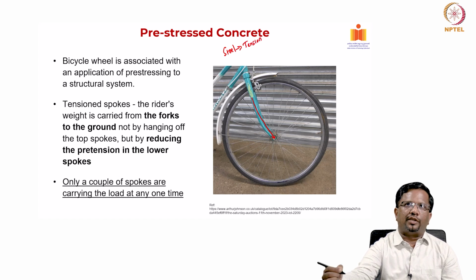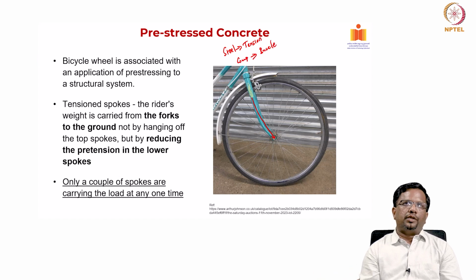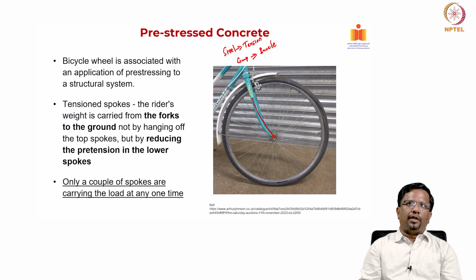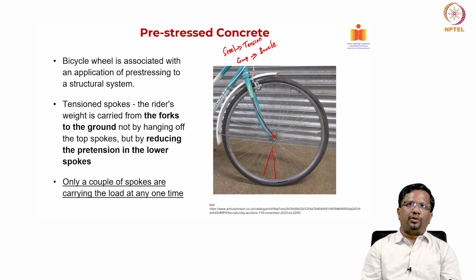Steel is very good in tension, but under compression steel will buckle, right. Steel members, especially the spokes, are very thin elements, and you know that thin elements are more susceptible to buckling. Then how do we transfer the load from the fork to the ground?